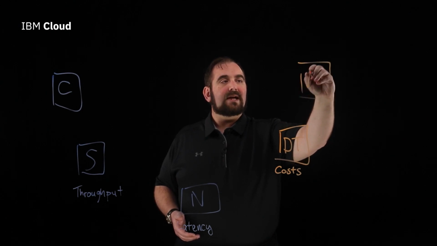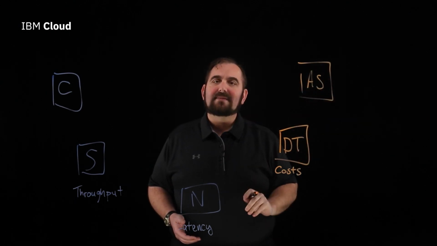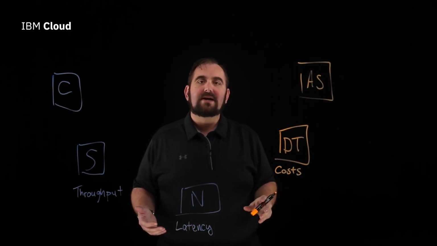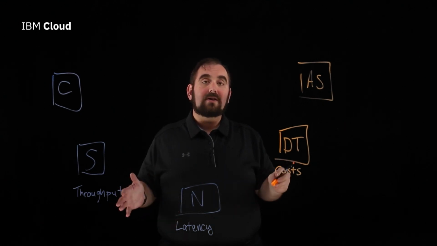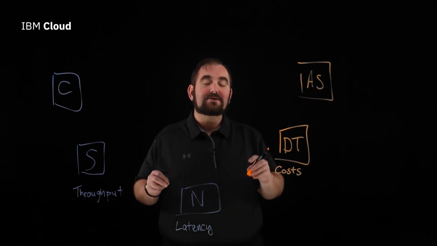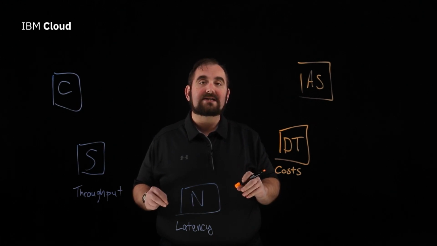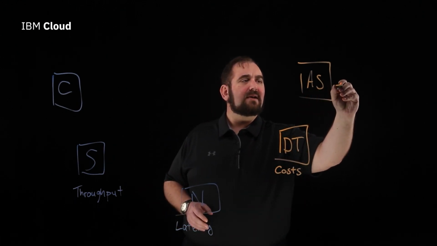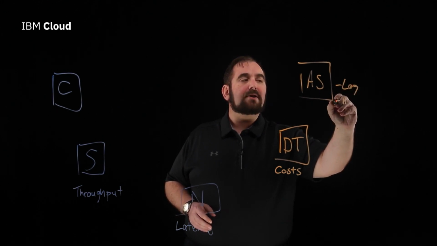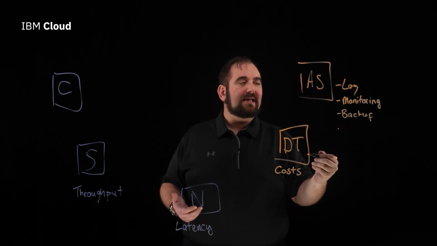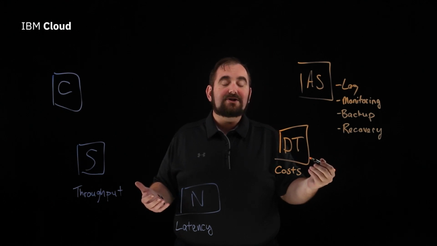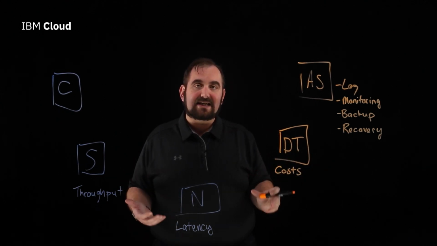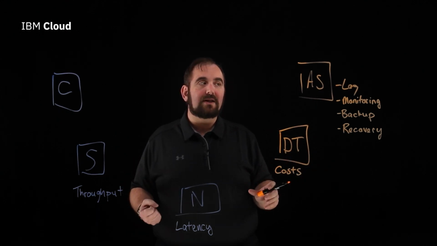And then finally, that last piece that you need to evaluate, I'm going to put that one right here, and I'm going to call this AS. AS is ancillary services. And while we call it ancillary, these services are incredibly important for this SAP world, right? This isn't just side things, right? It's logging, it's monitoring, it's backup, it's all of the things that you need in order to have that successful SAP operational landscape.